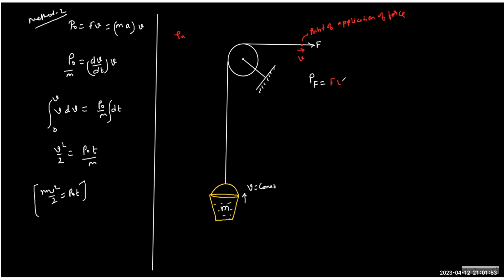Power is only F into V. And because it is going with constant velocity, even though F is not given, you know what F is. What is F here? mg. So it is mg times V. Now, this is case one, if you are pulling with constant velocity.